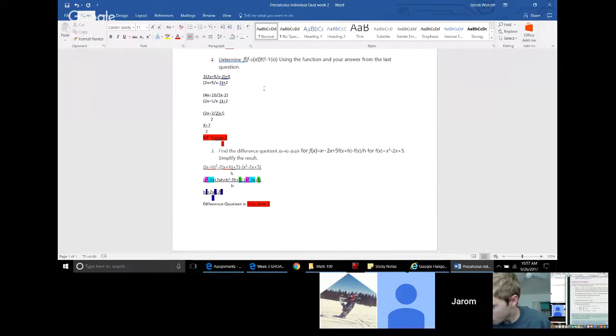So you're left with 2xh plus h squared minus 2h over h. And you can make it 2x plus h minus 2, because you take off 1h from either of the components to the problem. Does that make sense?